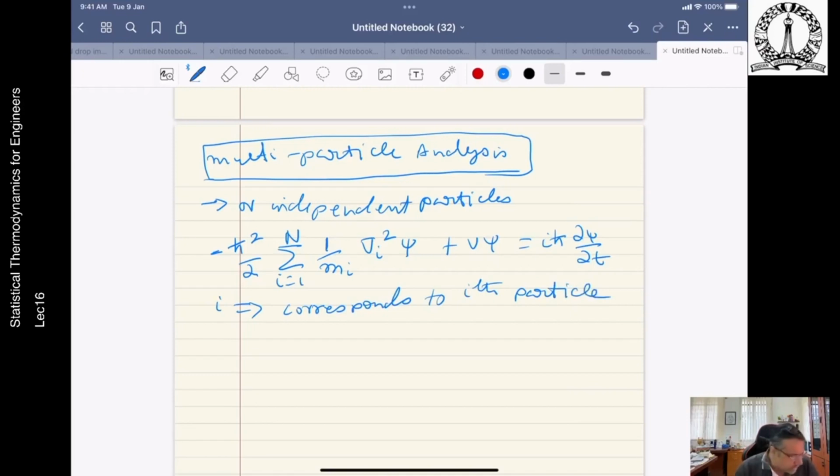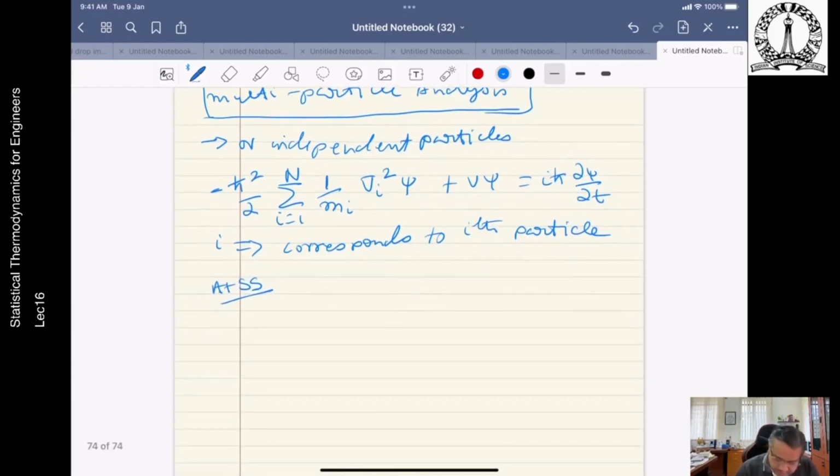If we apply the steady state wave function, what happens is minus h squared, i equal to 1 to n.